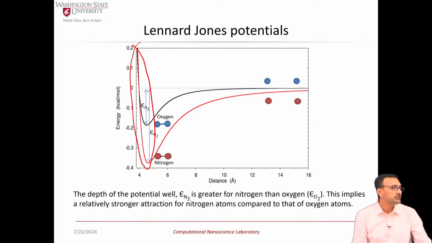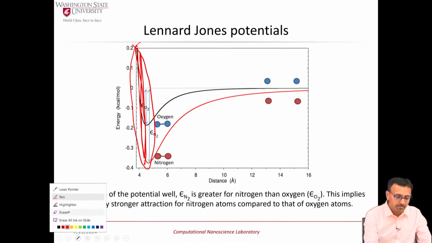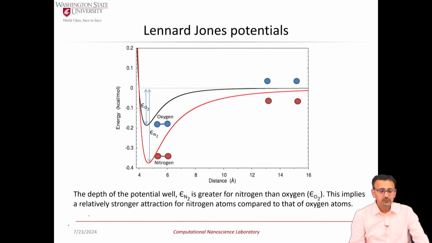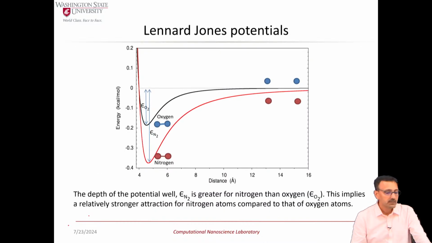It's a soft sphere model, right? If it were a hard sphere model, it would be a vertical wall here, but it's not vertical. Let me erase this. So this is an example of an interaction potential, since we are talking about pairwise potentials in the previous model. So any questions?